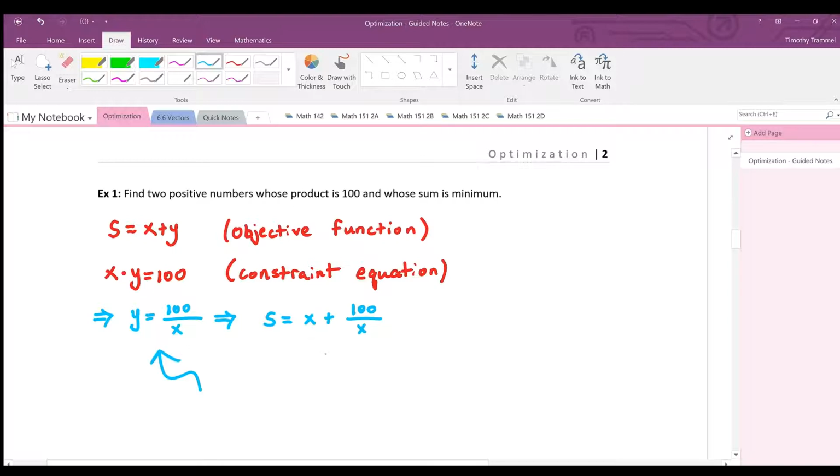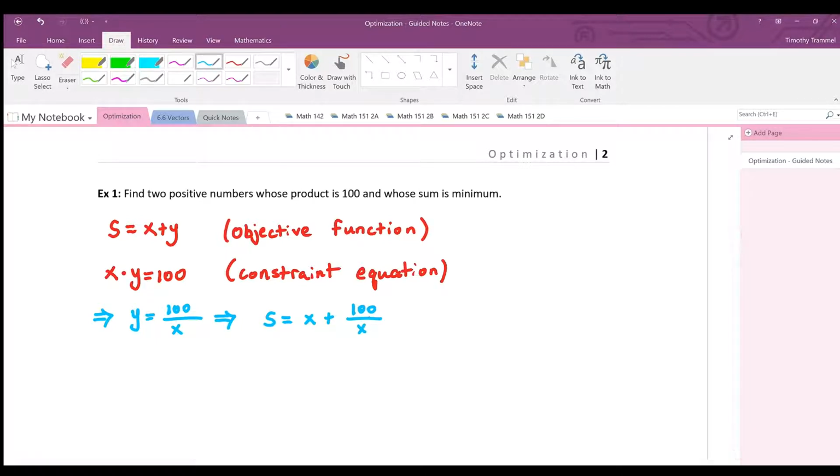Our equation over here, it could look a little bit different, but we'll wind up getting the same results here. Next is what we have now is we have our objective function written in terms of just one independent variable. And so we can start taking the derivative of this thing to try and find the minimum.